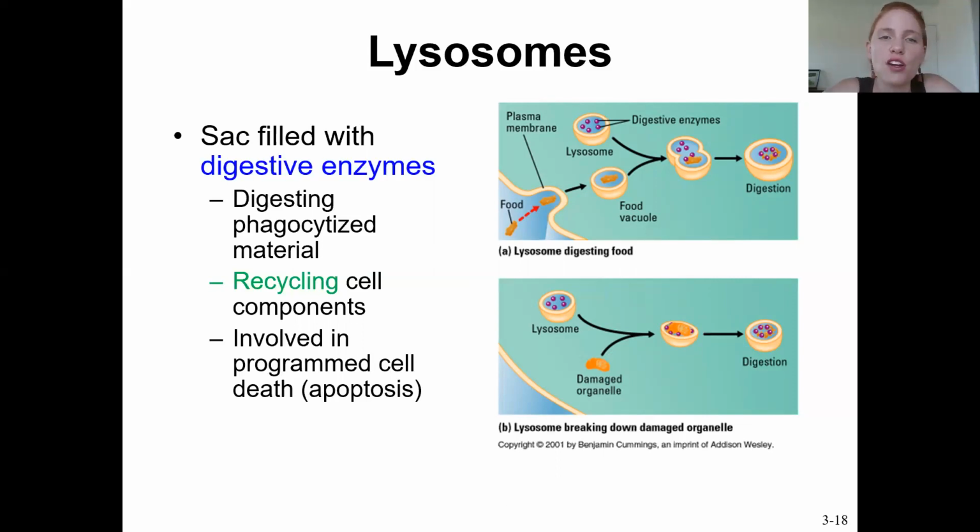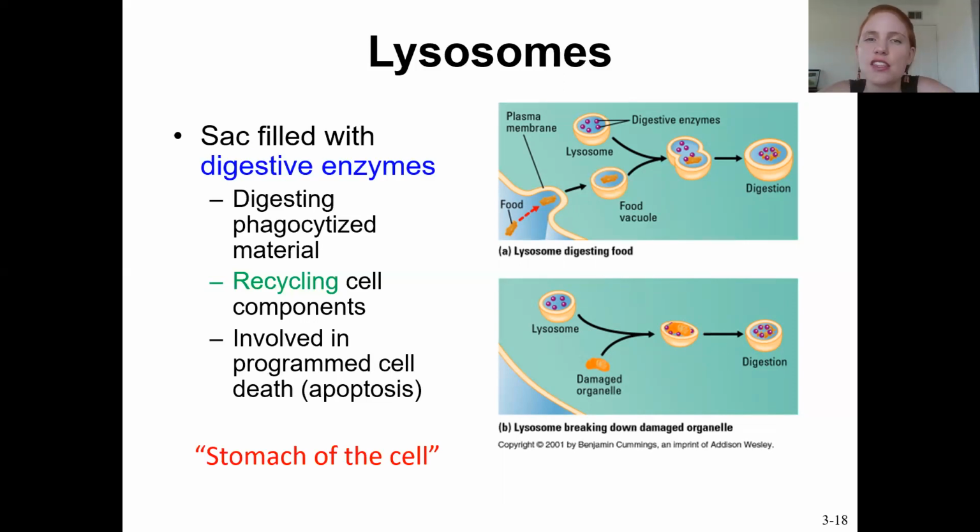So the function of the lysosome is to fuse with other types of vacuoles, for example, like a food vacuole, if something has been brought into the cell, or maybe a damaged organelle that needs to be recycled. And then it'll release those digestive enzymes, and the digestive enzymes will break it apart, and then you get to use those little building blocks for other parts of the cell.